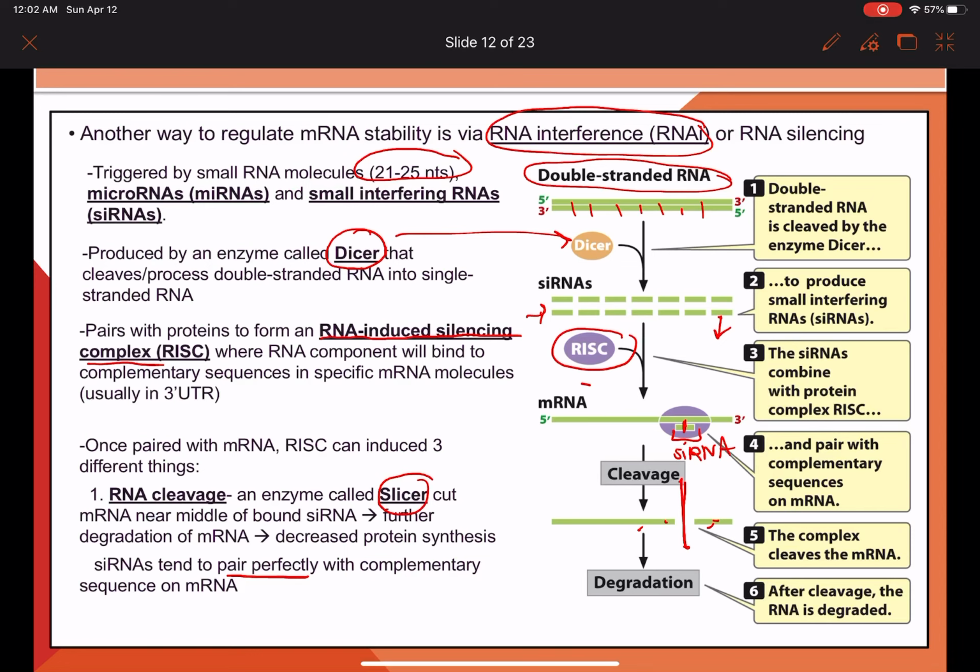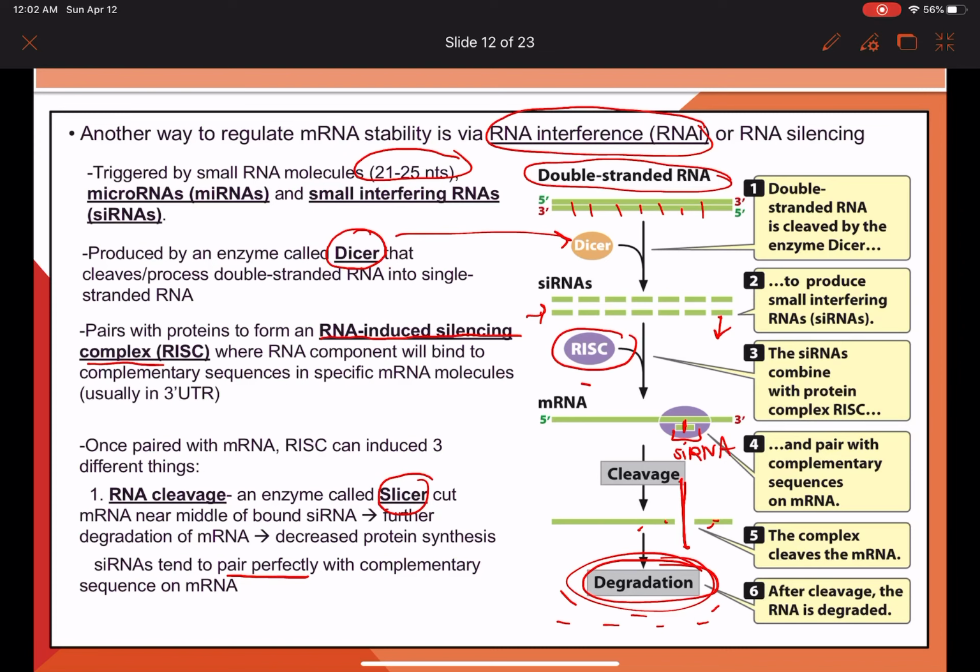This will trigger further degradation of the rest of the mRNA molecule into smaller pieces, and hence it can't be translated once the mRNA molecule is in small little fragments everywhere, okay, and then it will be recycled as nucleotides for other uses. So that's how siRNA works in degrading your mRNA molecule, therefore preventing translation from happening.